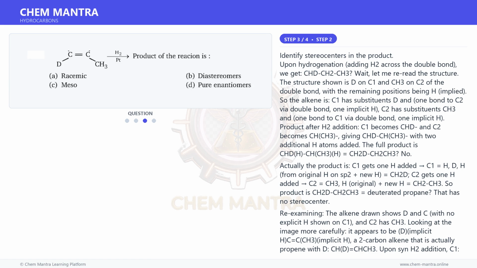Given that the answer is racemic, A, the most consistent interpretation is that the alkene is CHD=CH-CH3, where after syn addition of H2 we get CH2D. Or the product has 2 stereocenters.